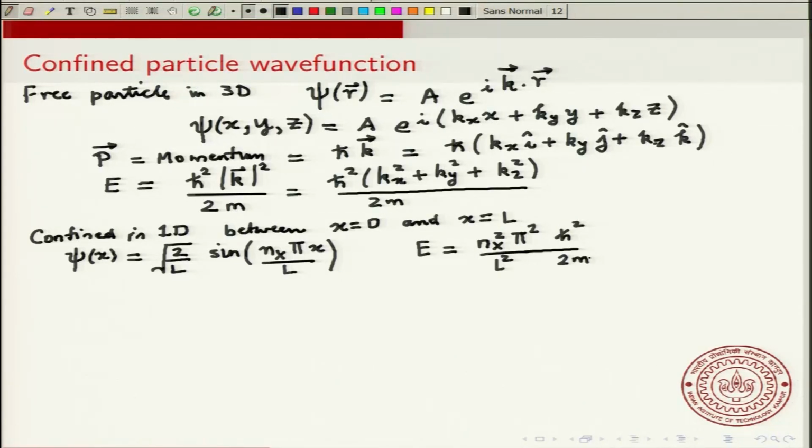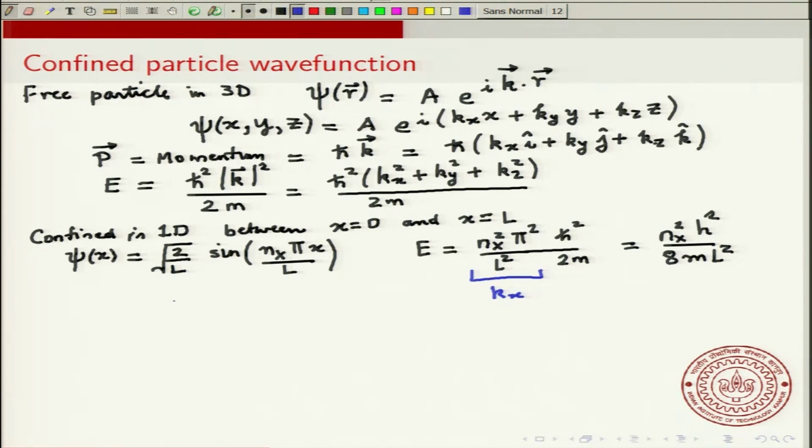Okay, I am deliberately writing it in this form. You might also see it in the form n x square h square by 8 m L square. You might also have seen it in that form, but it is equivalent. I am writing it in this way just to emphasize that this is your kx.